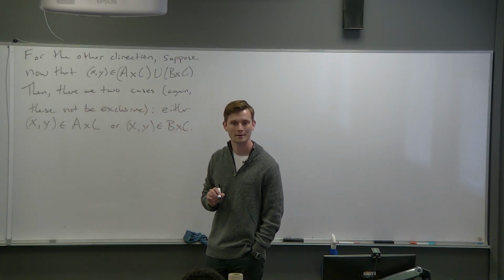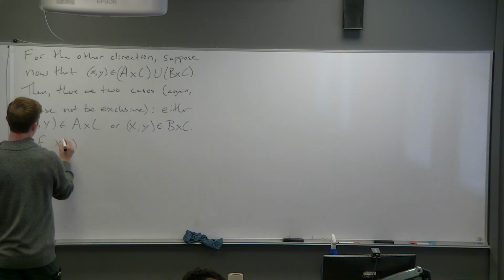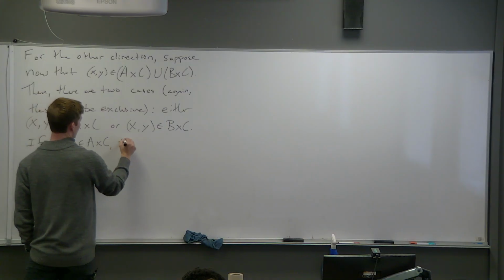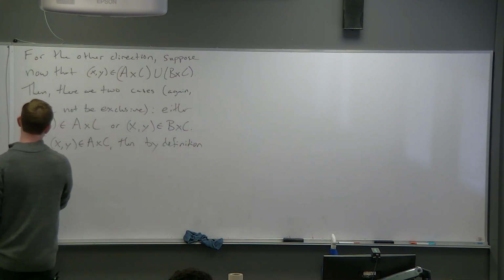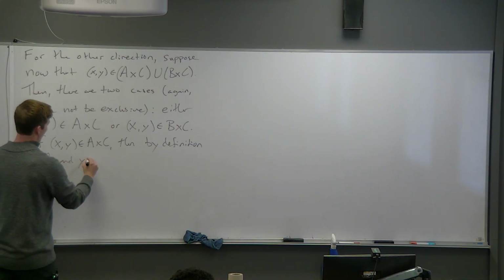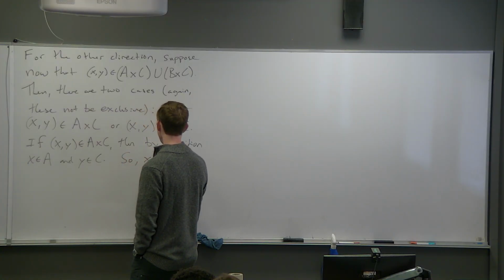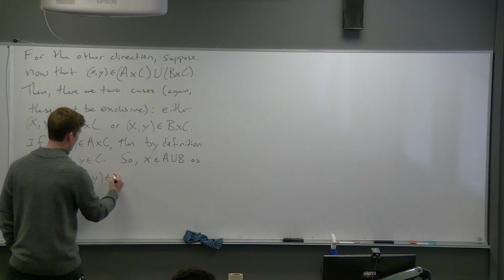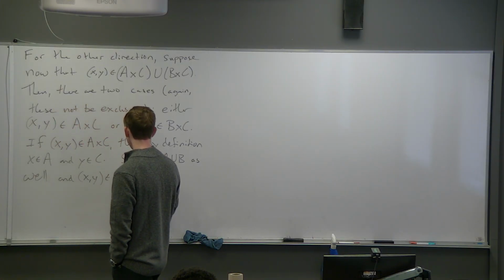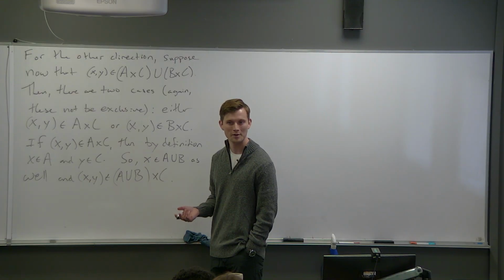Okay. If xy is in A cross C, then by definition, x is in A and y is in C. So x is certainly in A union B as well, and xy is indeed in (A union B) cross C. Do you agree with that?